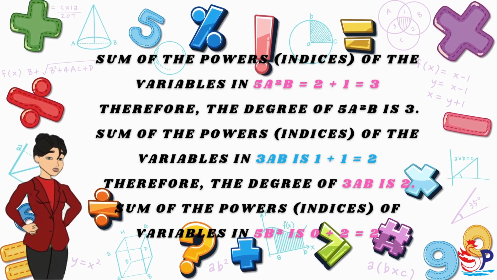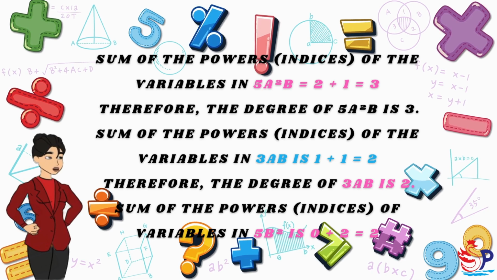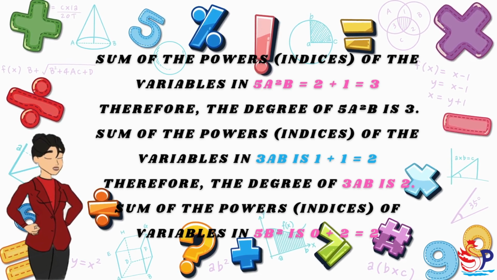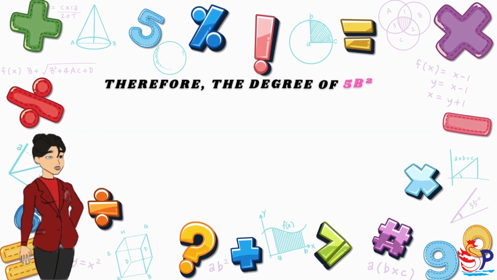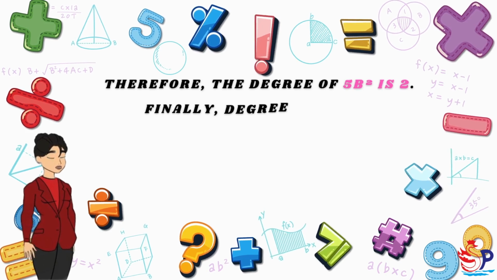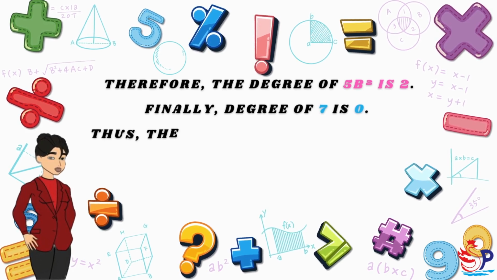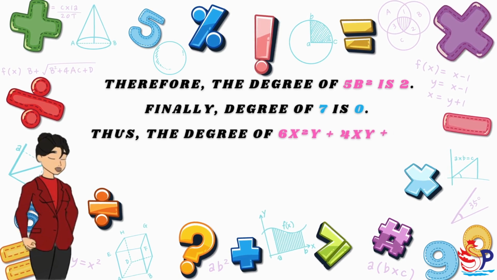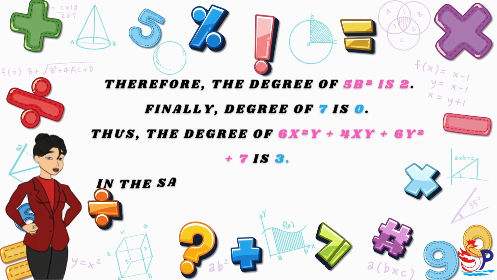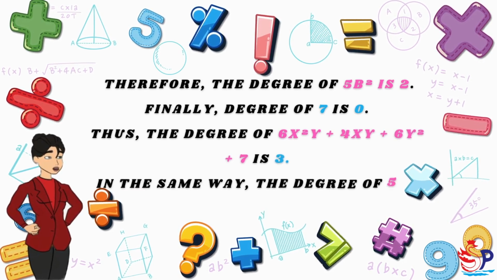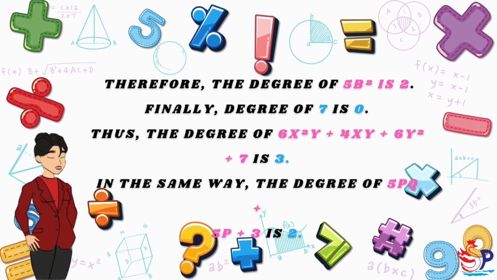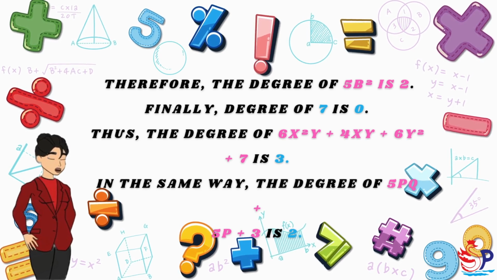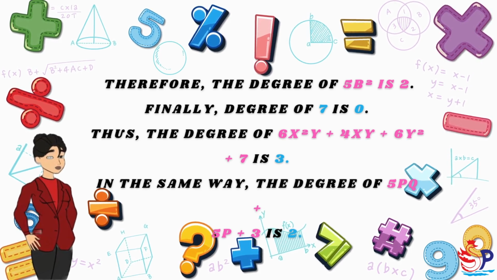Sum of the powers of the variables in 5b power 2 is 0 plus 2 equals 2. Therefore, the degree of 5b power 2 is 2. Finally, degree of 7 is 0. The degree of 6x power 2 y plus 4xy plus 6y power 2 plus 7 is 3. In the same way, the degree of 5pq plus 5p plus 3 is 2.